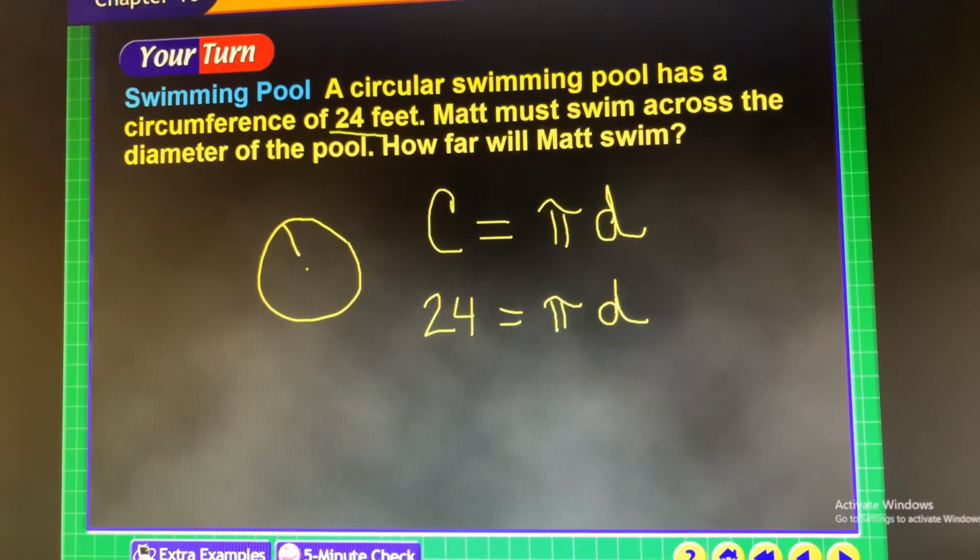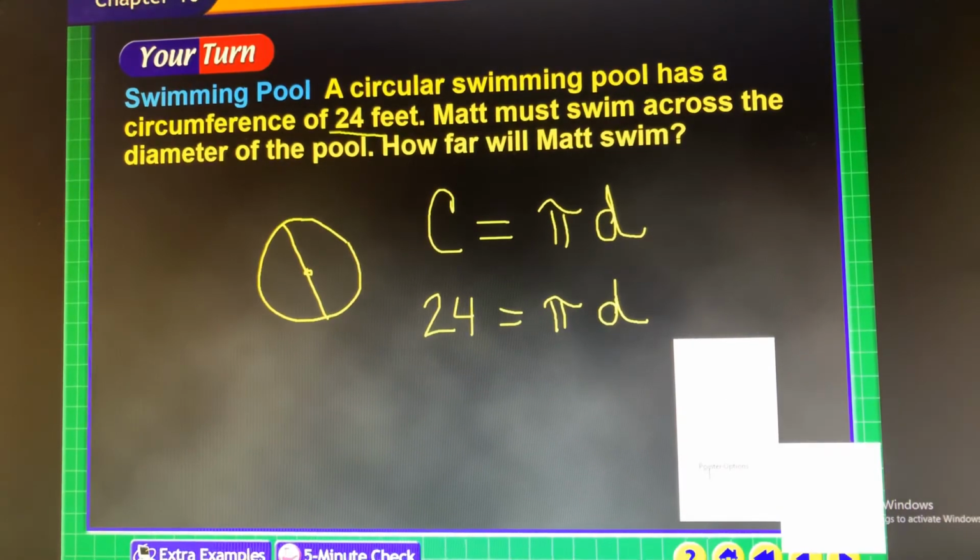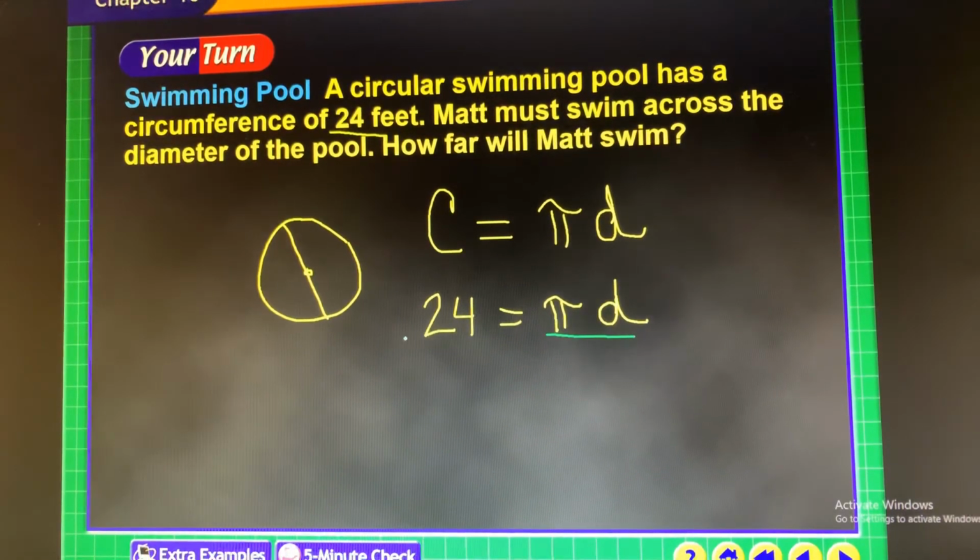Swim all the way across. Obviously, he knows where the center of the pool is. He's going to hit the center and go to the other side. Good for him. Again, solving this problem, let's go with green. You're dividing both sides by pi to isolate d, and do 24 divided by pi.